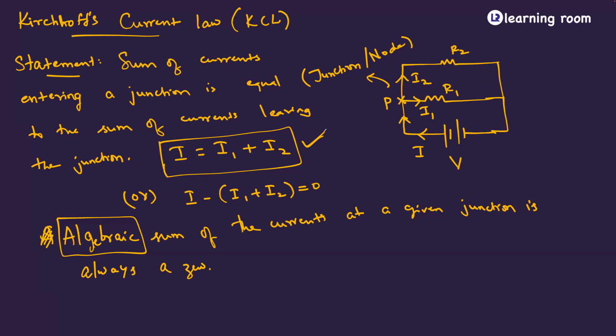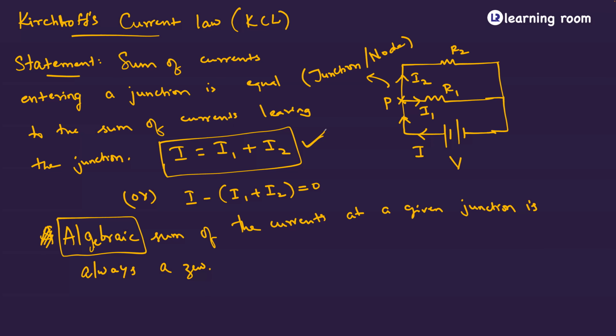The last point related to this: you got this equation. If you observe, it looks like something is conserved, meaning something is supplying and something is taking. So the amount of current supplied is equal to the sum of the currents that are extracted.